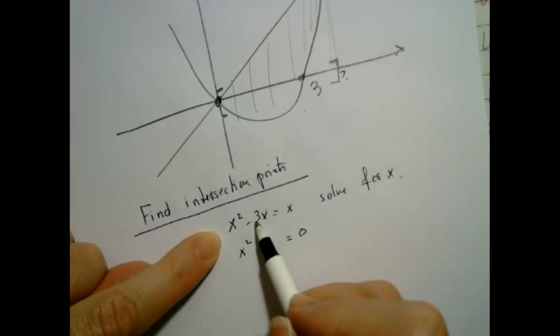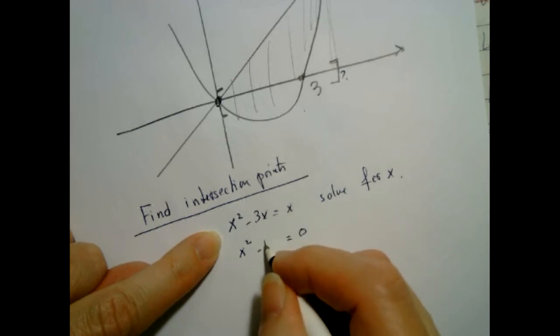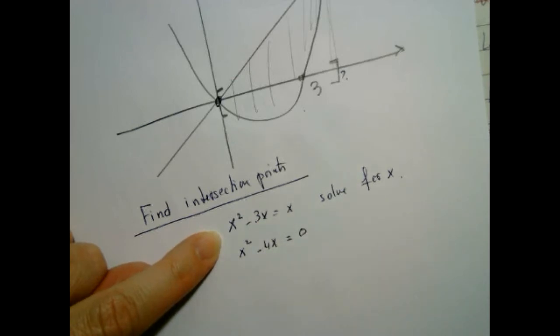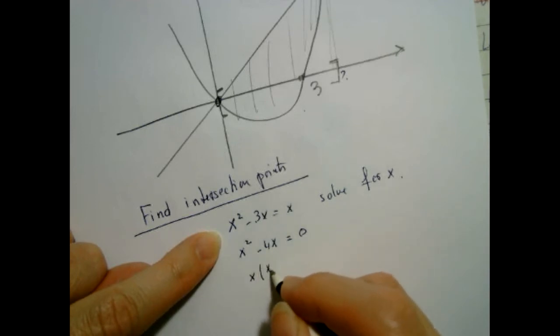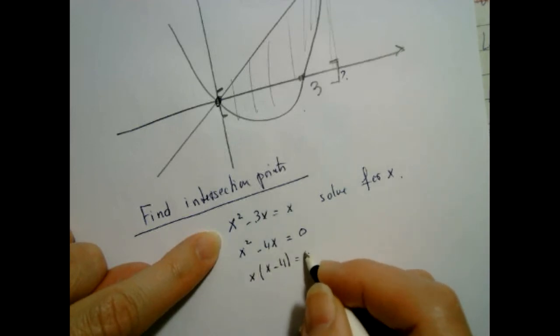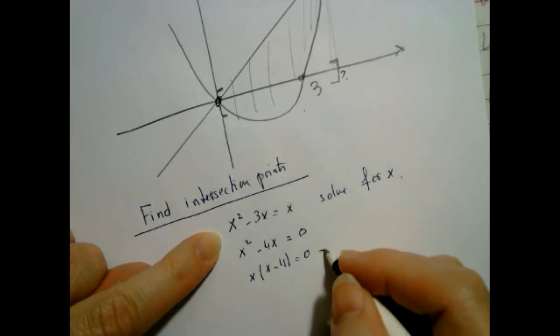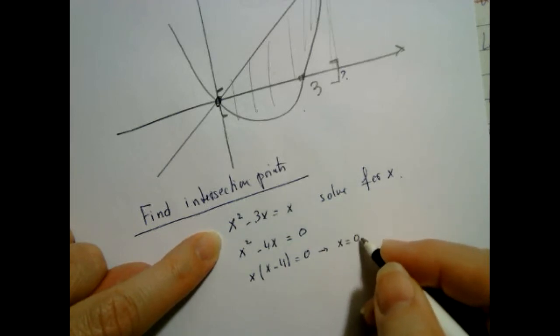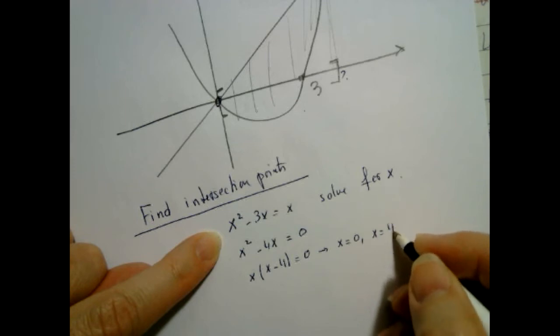So I bring this x here. Minus 3x minus x is going to give me minus 4x. Now I factor out my x, equal to 0. It's going to give me x equal to 0, x equal to 4.